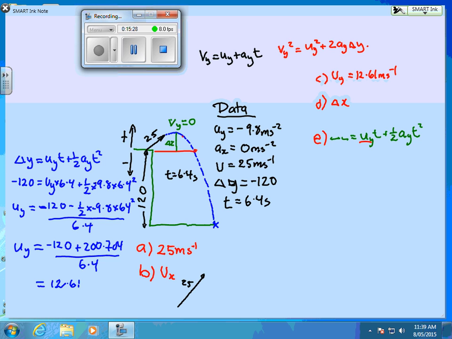And I know uy, which we calculated to be, yes, we've got C, I've just put in. That means I've got 12.61 there. Now what I need to do is find ux, which is that part there.